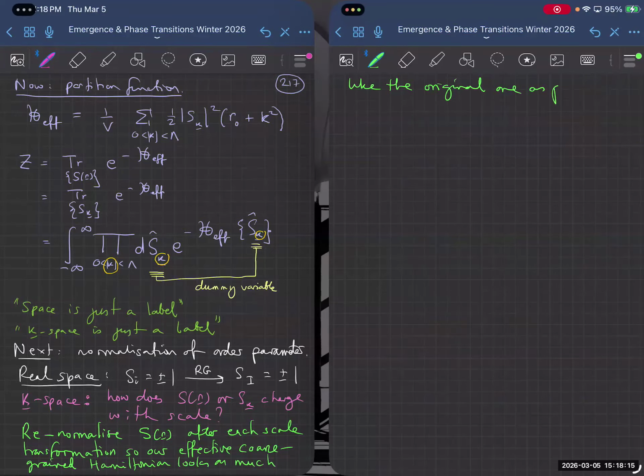And the reason we want to do that is because we want to make it easy to see how the coupling constants transform.